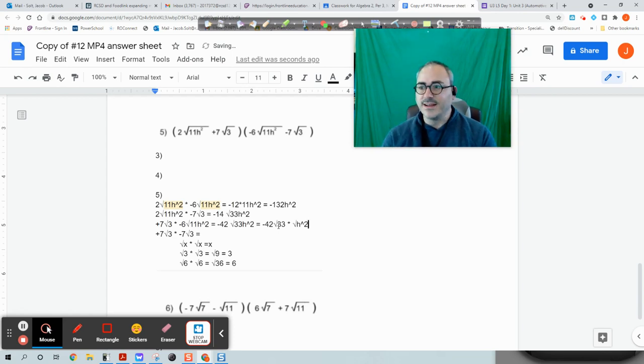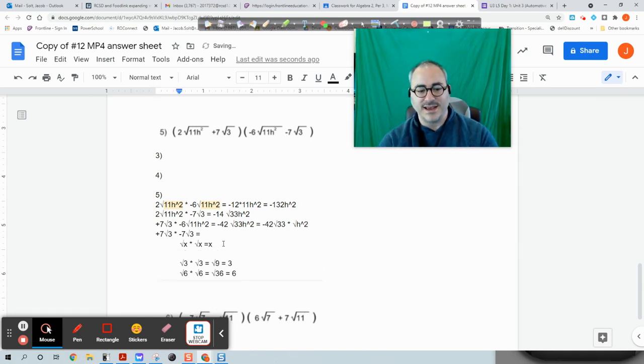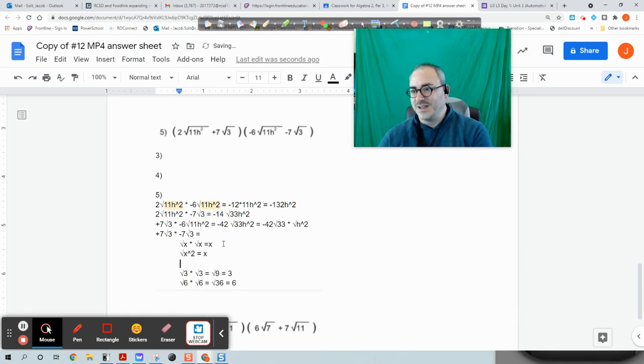And radical h squared is going to be the same thing as h. You can kind of feel how that works: radical x squared is always just going to be x, because radical x squared is saying radical x times radical x, which we already determined was x.